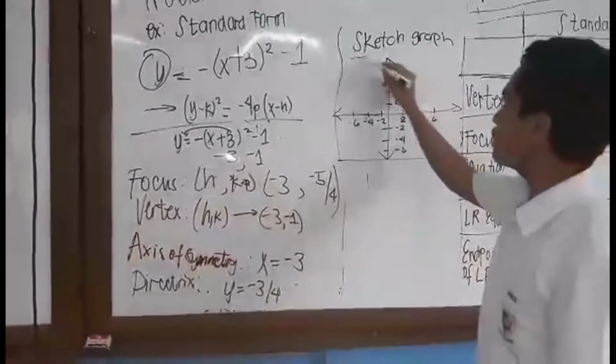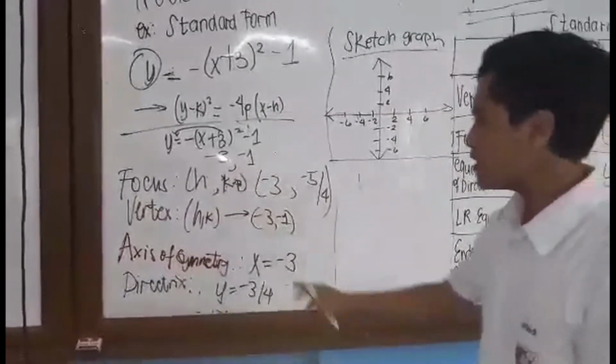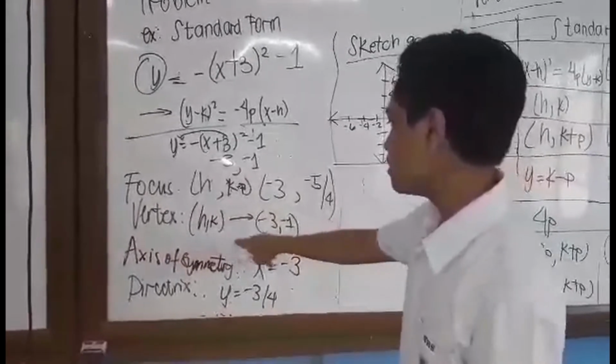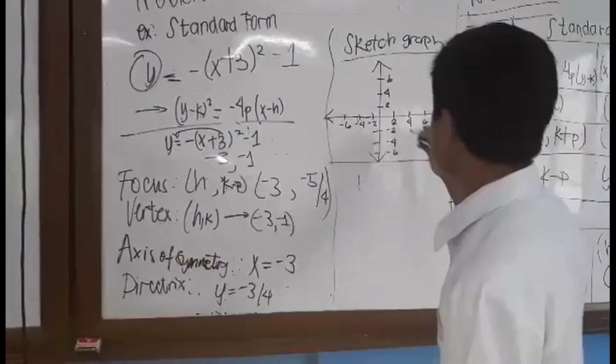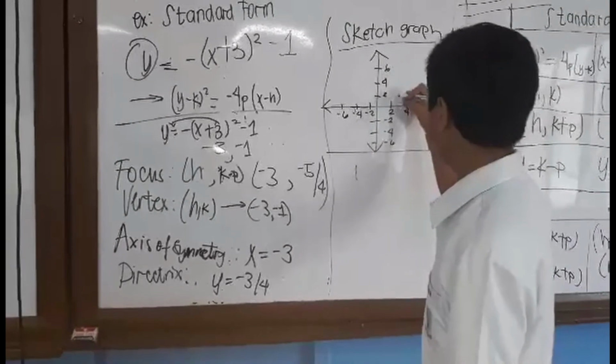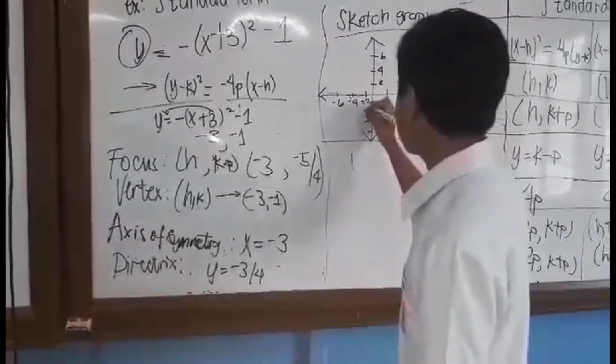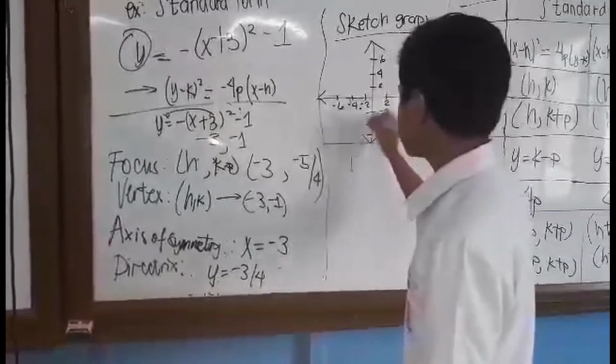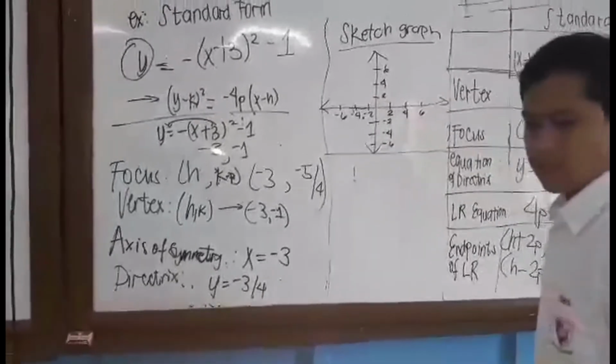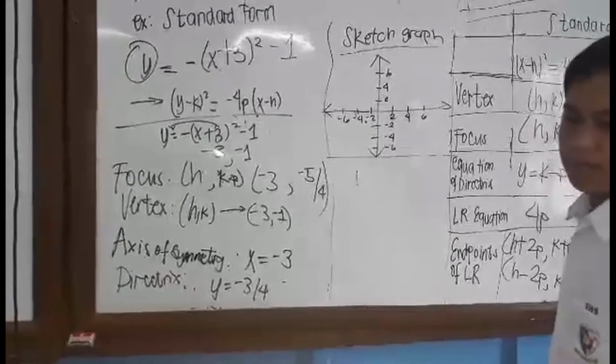Now let's sketch the graph. So let's put our vertex at (−3, −1). These are the vertex. Now let's have the focus.